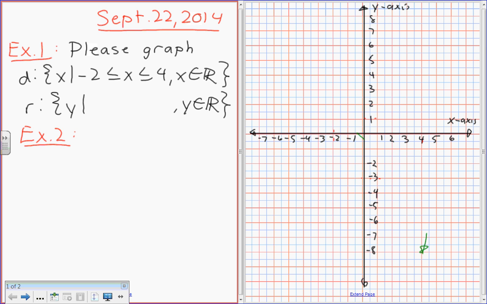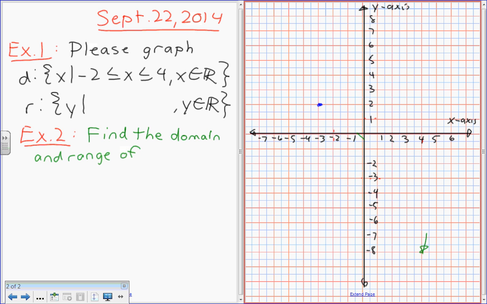Example 2 says, find the domain and range of this graph. Now this one I'm hoping we're feeling pretty good about right now. I'm going to draw a dot right there at 2 and 3, and I'm going to go down sort of like that as a negative x squared. All right, David, I'm picking on you.